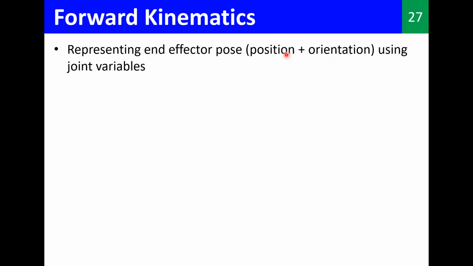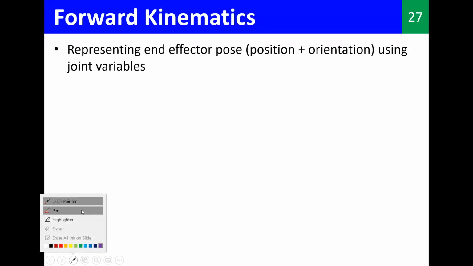Not only do I want to go to some target location, but I need to have a certain orientation as well. That is my pose. I want to represent that using the joint variables. That is, let's say motor 1 or joint 1 should have angle theta 1, and motor 2 or joint 2 should have some angle theta 2.